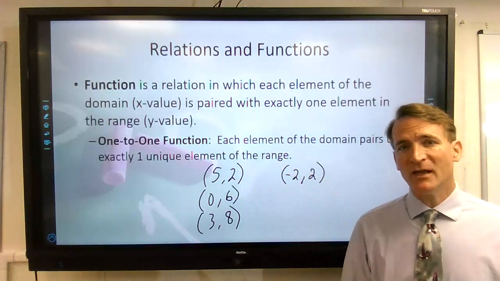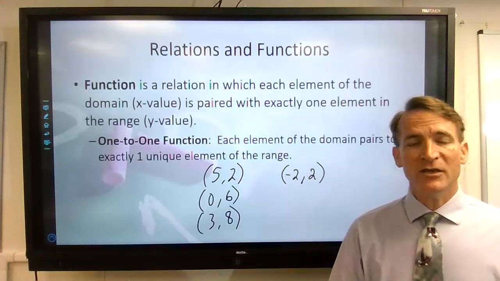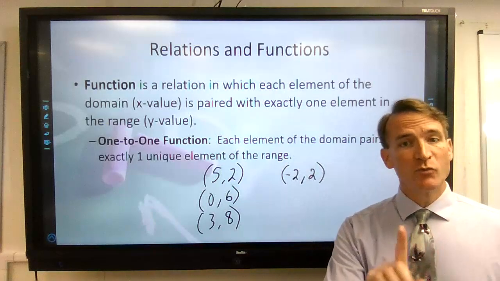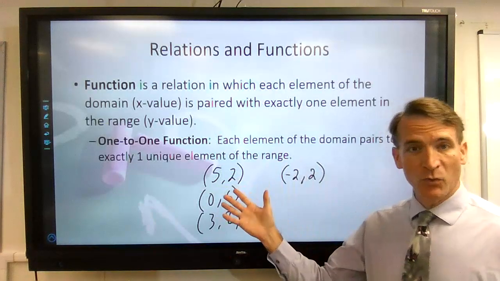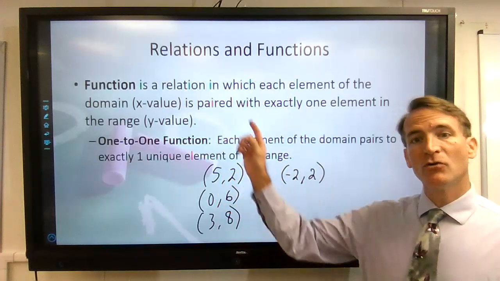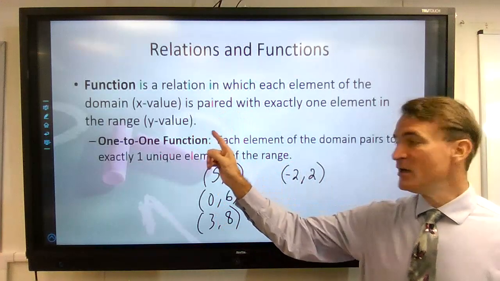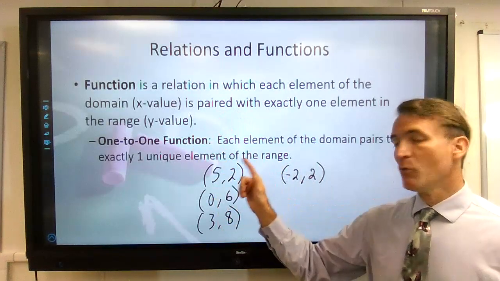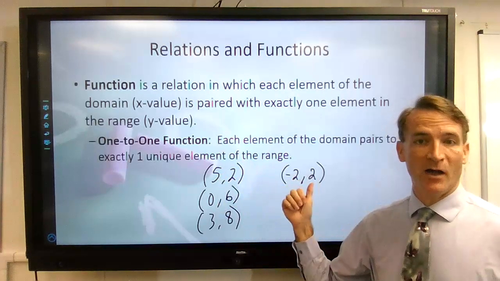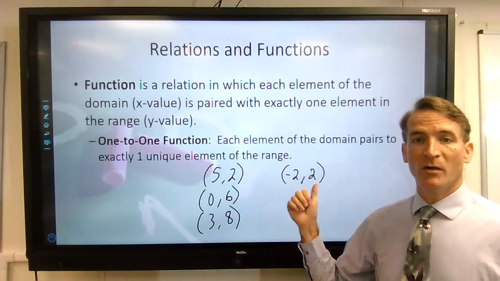So keep in mind that if it's a function, each x only has one value of y. Those y's can repeat, just as this one did. This is still a function. However, it is no longer a one-to-one function because I now have one value of x that gives me the same value as another value of x when I plug it in.